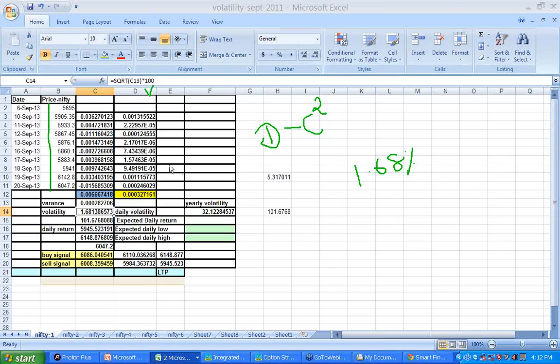That means in the coming days, on Monday, which is coming on the 23rd, we may expect the Nifty to move by 1.68%, but we do not know whether it will move up or down, or just move within one range.